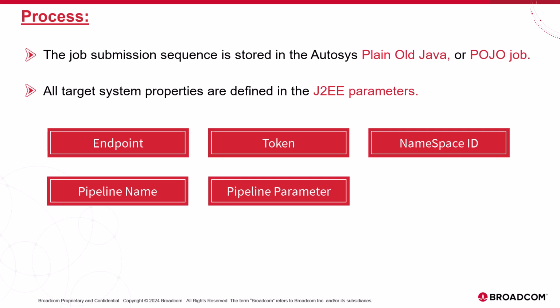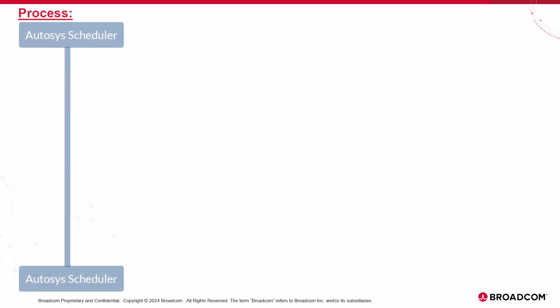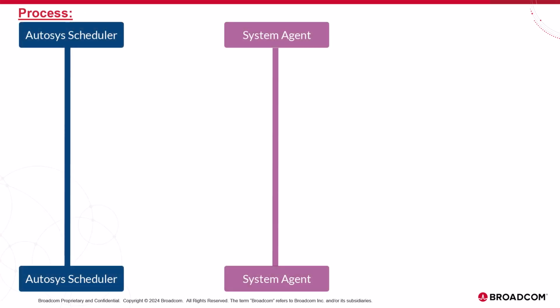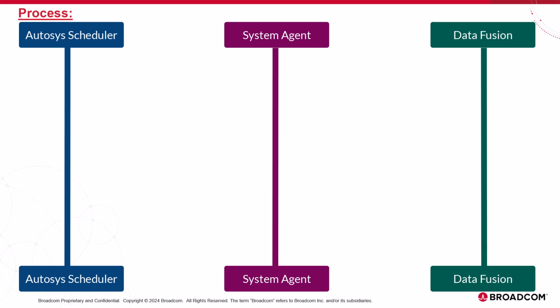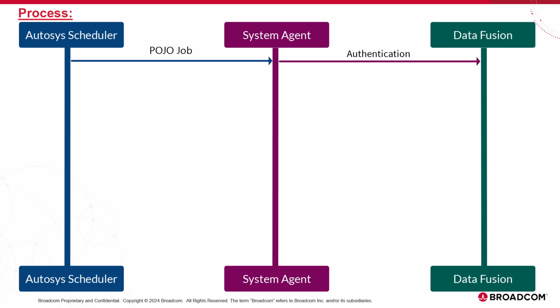Let's look at the sequence of execution. We start with the three main components: the AutoSys scheduler, the system agent, and the Datafusion server. The AutoSys scheduler submits the POJO job to the system agent. The system agent acknowledges the job from the scheduler and initiates communication with the Datafusion server.